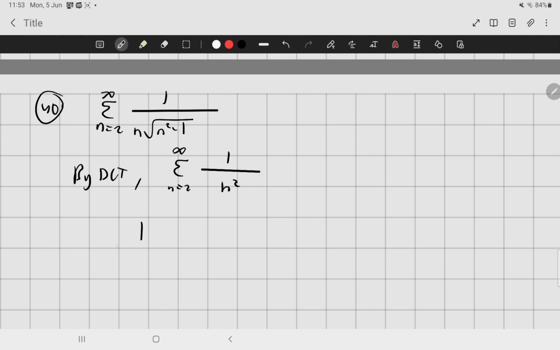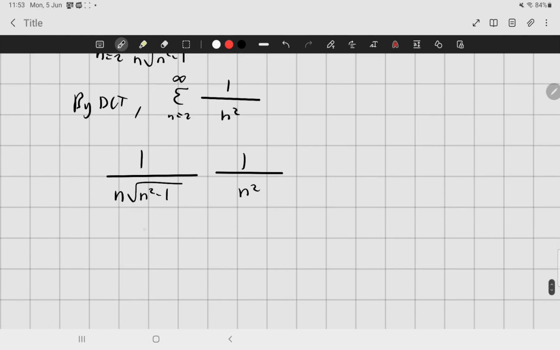Now by building this, n squared minus 1 compared to n squared, it should be a-okay. N squared minus 1, that we have 1, 0. Oh no, it doesn't work. Because if it converges, then the right hand side should be larger, right? But in this case, it doesn't work. Surprisingly.